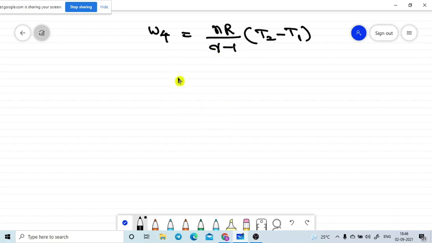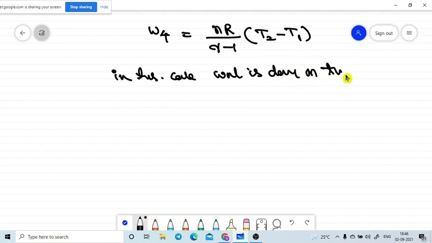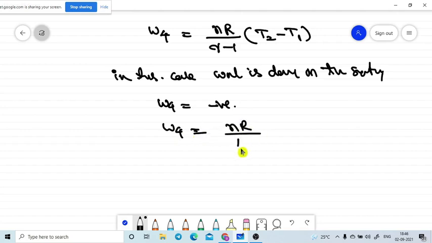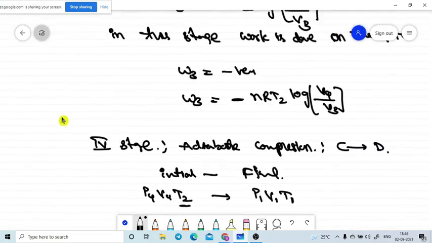But in this case, work is done on the system. On the system means W4 is a negative value. So W4 is equal to NR divided by gamma minus 1 into the negative term of T2 minus T1 that we will get. One thing you need to take care about in this one.